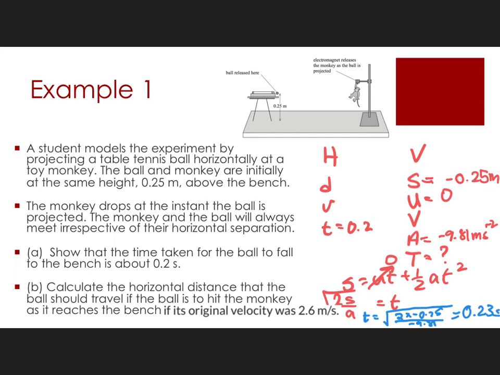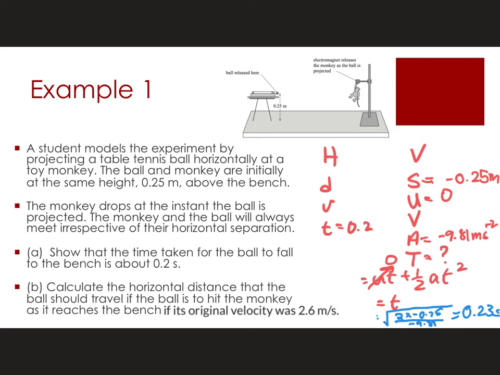We're going to get 0.23 seconds when you put that in your calculator. And so that is, when rounded, about 0.2. Don't forget, you need to write down your unrounded answer before you show the value you're looking for. You need to prove to the examiner that you actually did pick up your calculator and calculated the value.